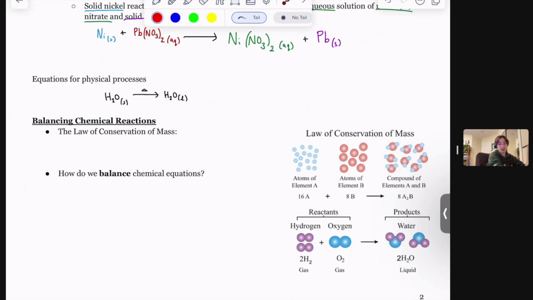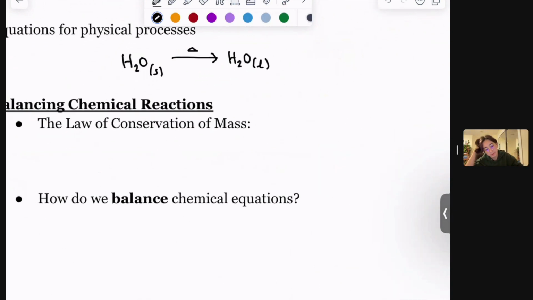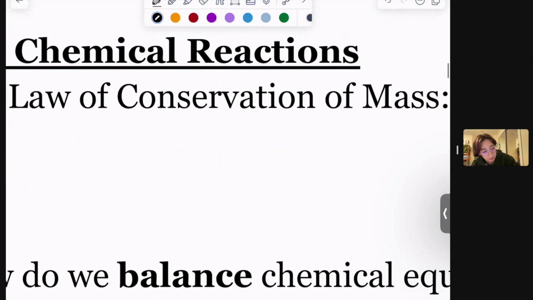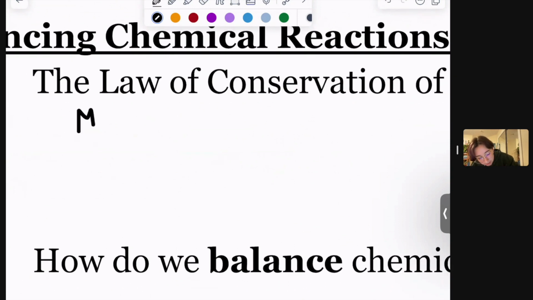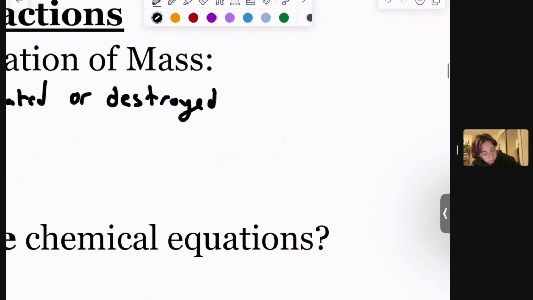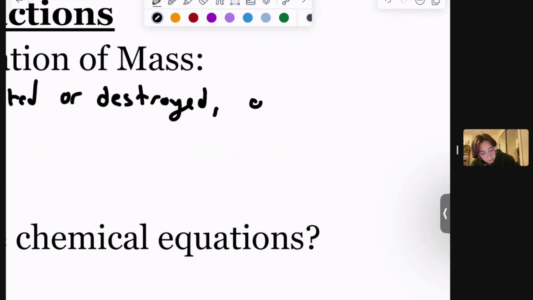This is a big thing if I want to represent how a reaction happens. Like I mentioned earlier, law of conservation comes up all the time for chem. If I'm talking about mass specifically, the concept is mass cannot be created or destroyed, it can only change forms.